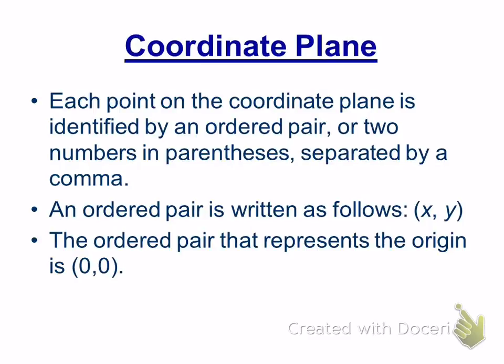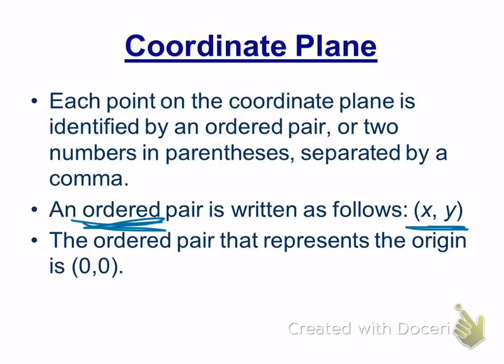Alphabetical? Alphabetical, exactly right. X comes before Y. And the reason it's called an ordered pair is because it's always given in a specific order. X always comes before Y. That makes it an ordered pair.